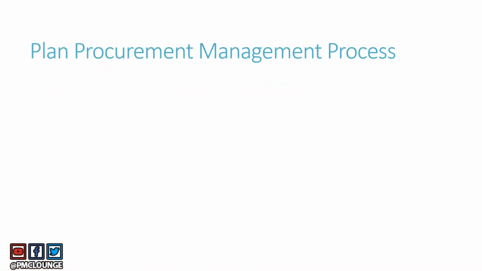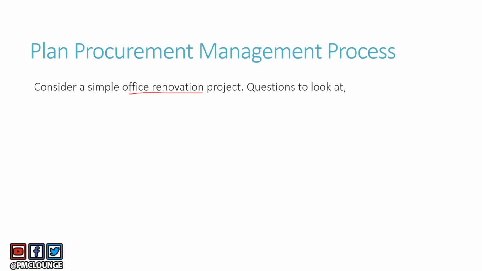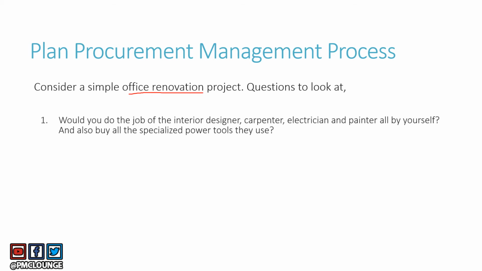All right, so as I was saying earlier, let's visualize an example. A simple example could be an office renovation project. So you're the project manager, you need to renovate your office. Some of the questions that you need to look at here, actually three of them. Number one is, would you do the job of the interior designer, the carpenter, the electrician, and the painter all by yourself?